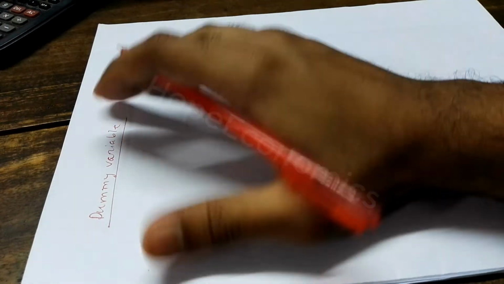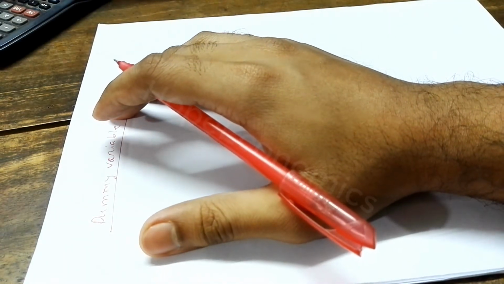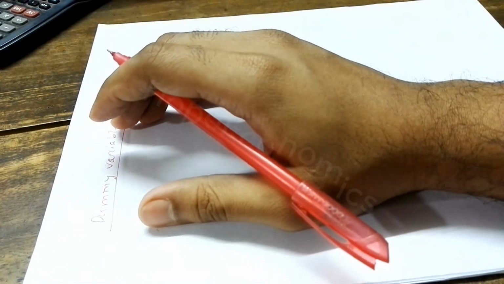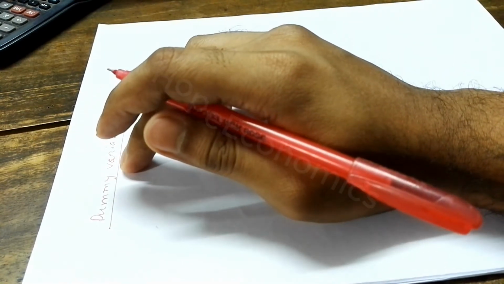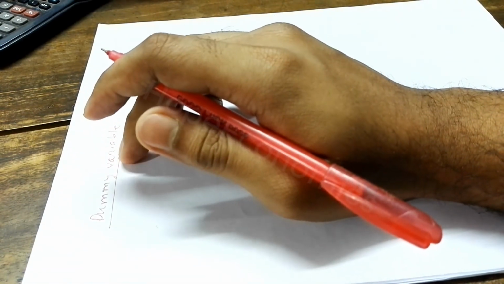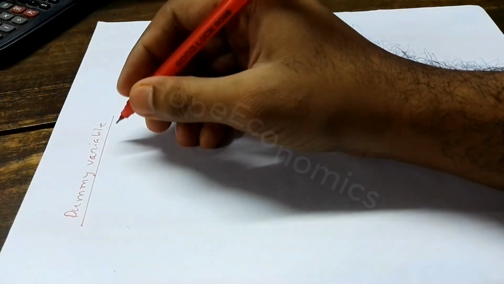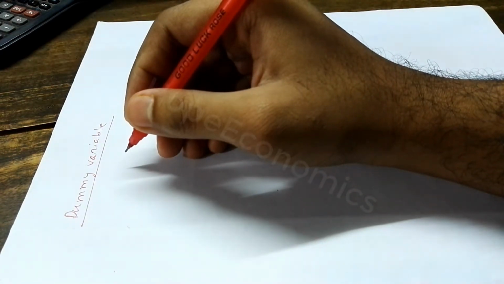The first two variables have an economic interpretation, but in the case of a dummy variable there is no economic interpretation. This variable is used only if your slack or surplus variables become negative for the first term.